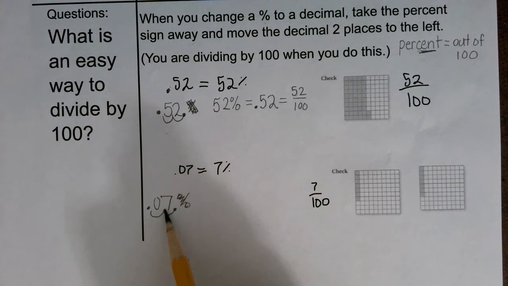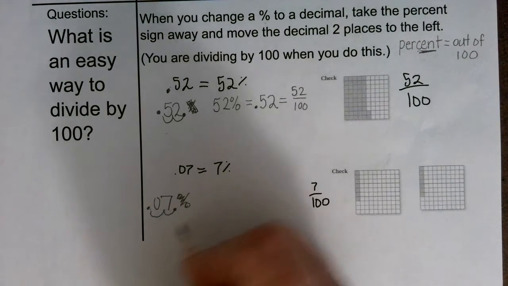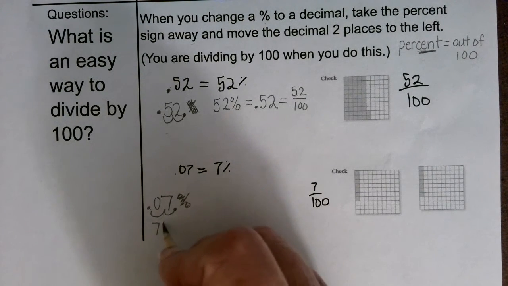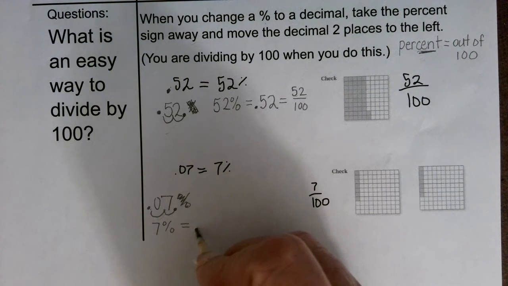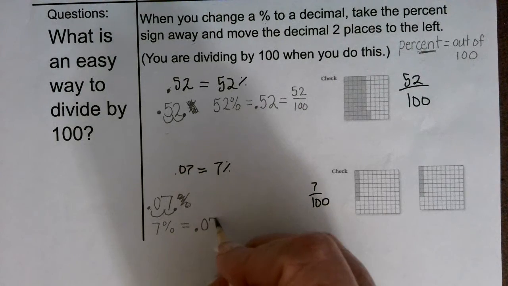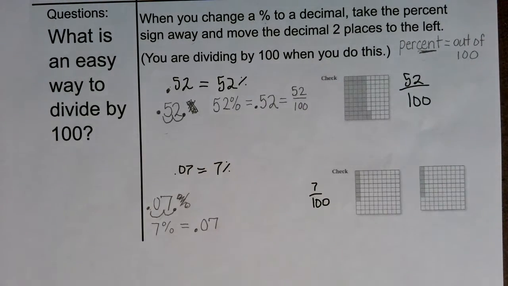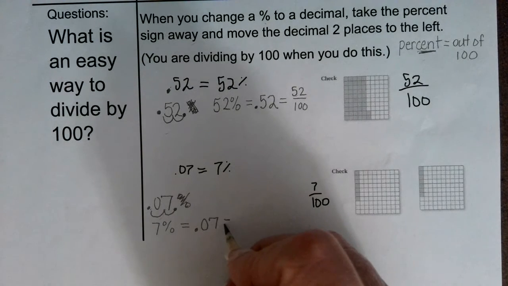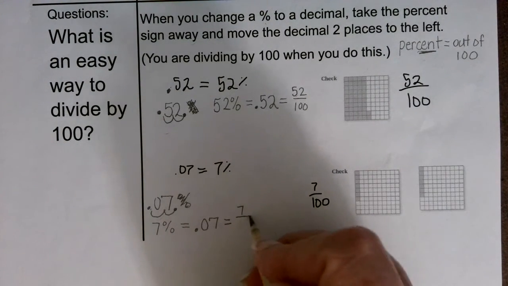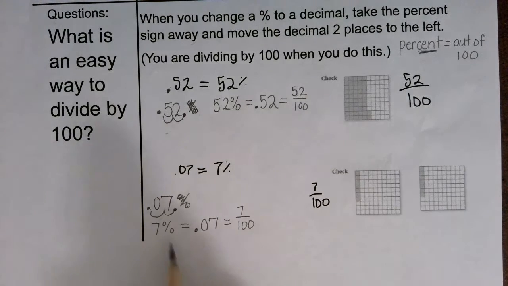So we moved it here, that's 1 place, 2 places. So 7% is equal to 0.07, which is 7 hundredths, and that's equal to 7 over 100. And again, 7% means 7 out of 100.